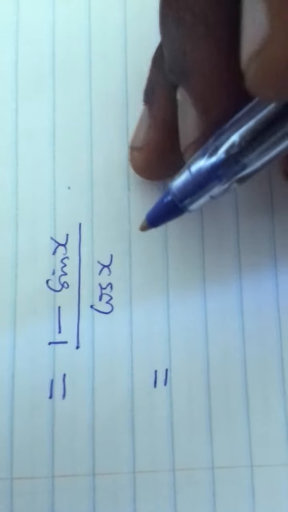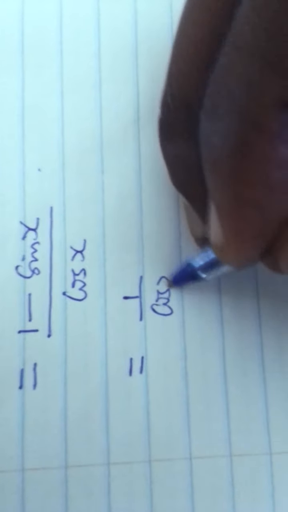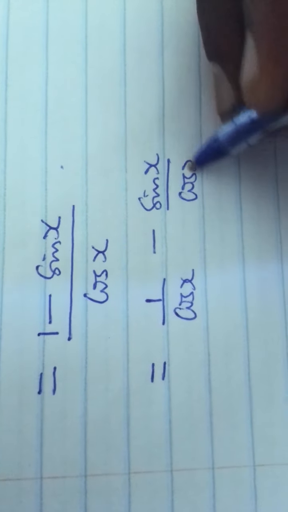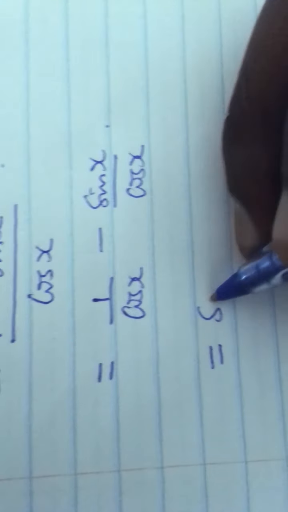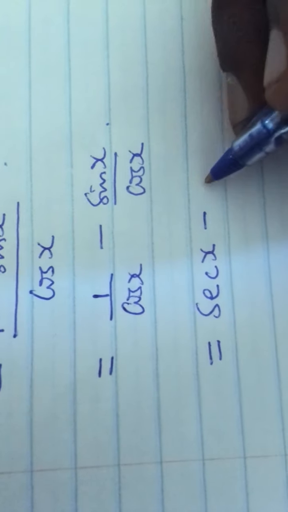This one is the same as 1 over cos x minus sin x over cos x. So you'll have 1 over cos is sec of x minus sine over cos is tan of x. So basically that is it.